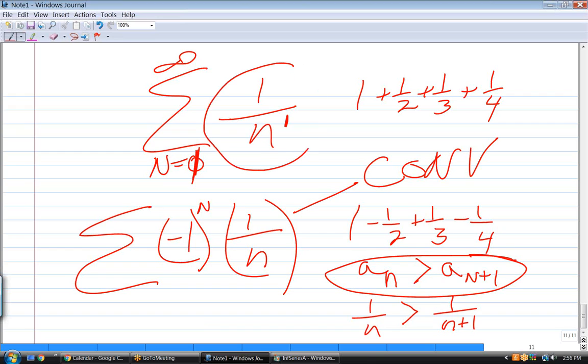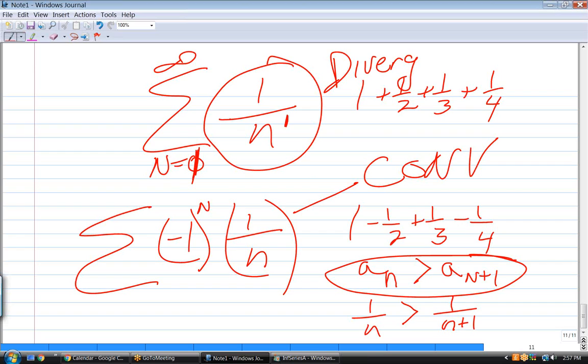Up here, notice the nth term goes to 0 also, but that's a divergent series because it's not alternating. Making it alternating makes the difference. And the rules for an alternating series are different than the rules for a standard p-series. For the standard p-series, p has to be greater than 1 for it to be convergent.